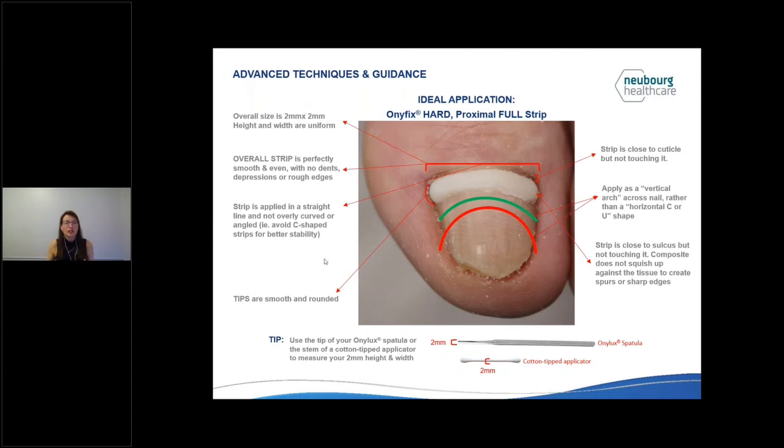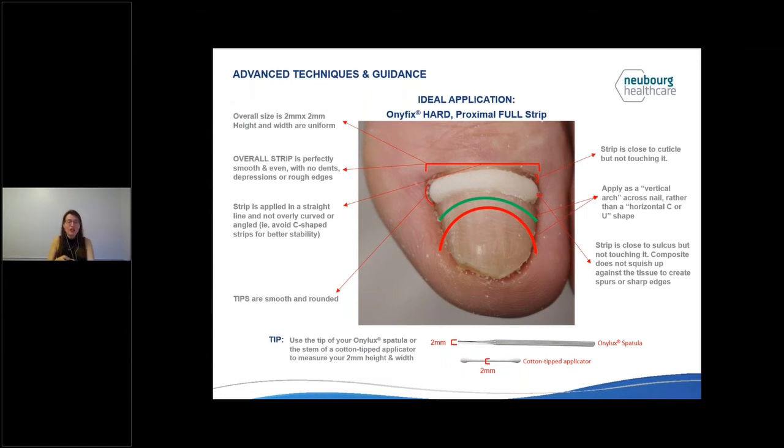The other thing here, I've written this twice, but I can't emphasize it enough because it really helps. You would like the strip to be applied in a straight arch or a vertical arch and not a horizontal C. Let me explain. I even made a little rudimentary cutout to help me describe this phenomenon.